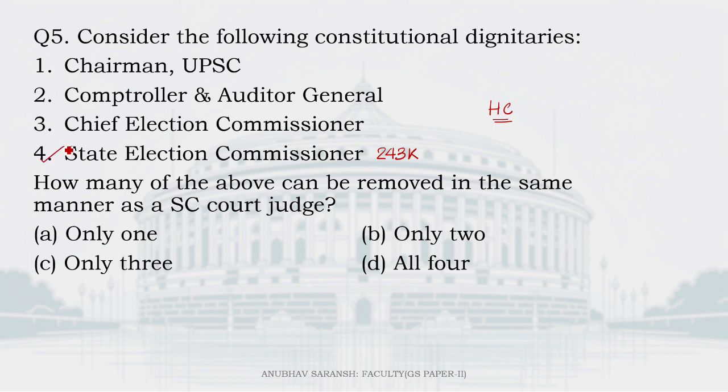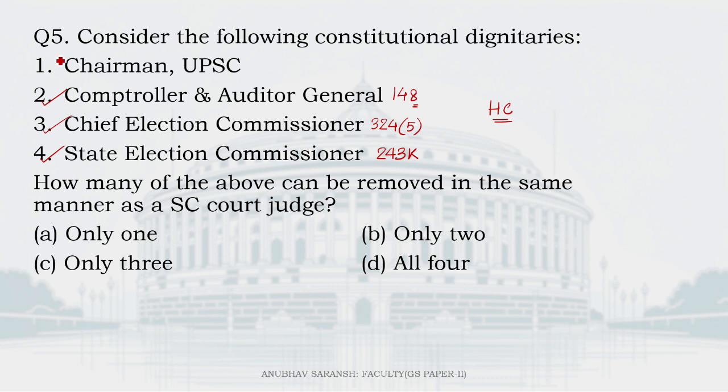So yes. CEC, of course, a constitutional body, the removal procedure mentioned under Article 324 clause 5 is correct. CAG, again a constitutional body, Article 148, Chapter 5 of Part 5 of the Indian Constitution deals with CAG, and yes, they are also removed in the same manner as a Supreme Court judge.